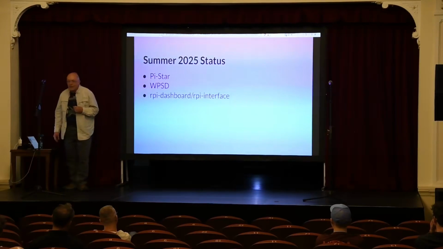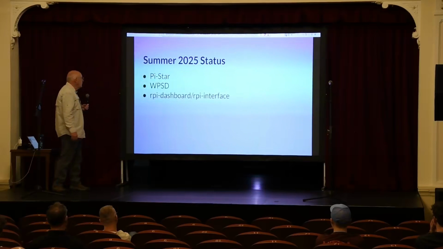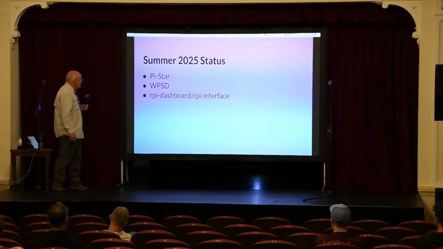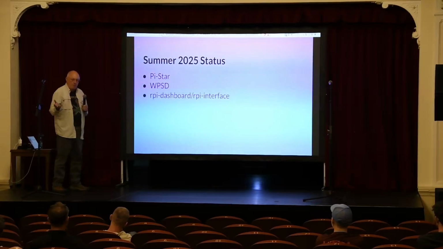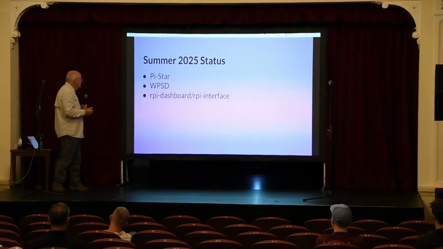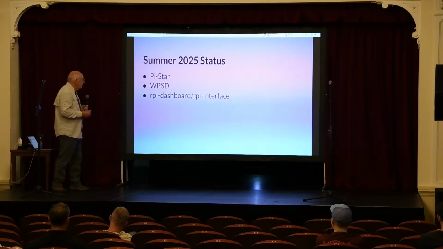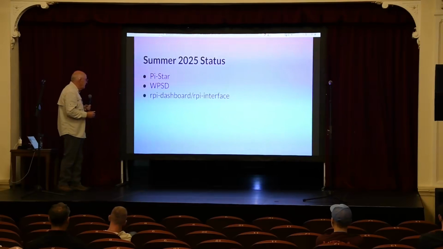So, as of the first half of this year, or the beginning of the summer, what were the options available for hotspots? There are a couple of package distributions, like what I showed on the previous slide. PyStar was the original one, and then WPSD.